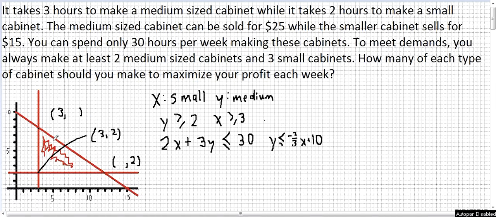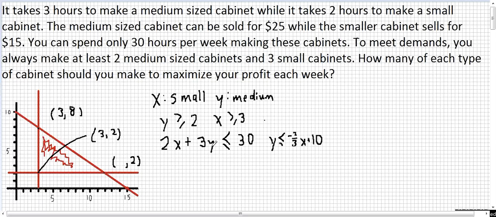For this point, the x-coordinate is 3. So if we plug that into the equation here, x equals 3, so 3, 3, they cancel out. Minus 2 plus 10 is 8. So the coordinate of this point is 3, 8. And for this other point, the y-coordinate is 2.